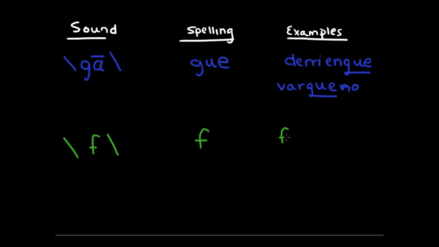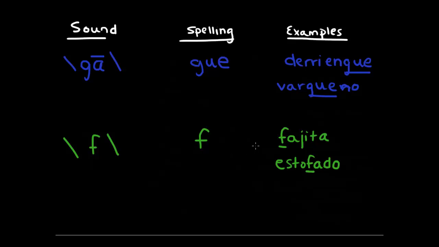An example, fajita. Fajita is one example. And estofado. Estofado is another example. And there's a whole bunch of words that have the sound F, I should say. And it's spelled F. So no PH, just an F in Spanish.